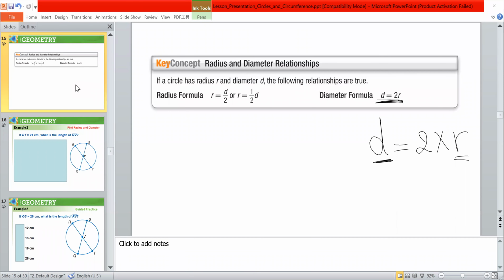We are given the length of the diameter and we need the radius length. The radius length means the diameter divided by 2. So as Mishari said, 21 over 2, which is 10.5. Yes, 10.5. Thanks, Mishari. So this is the answer of this example. Okay, we're going to another example.